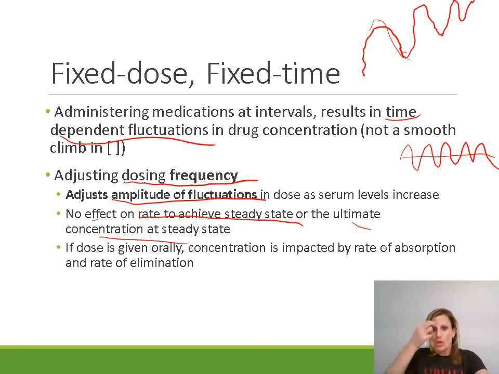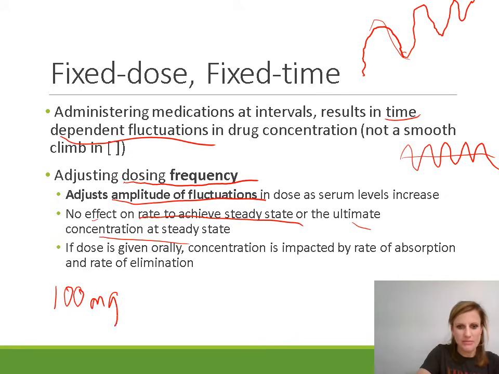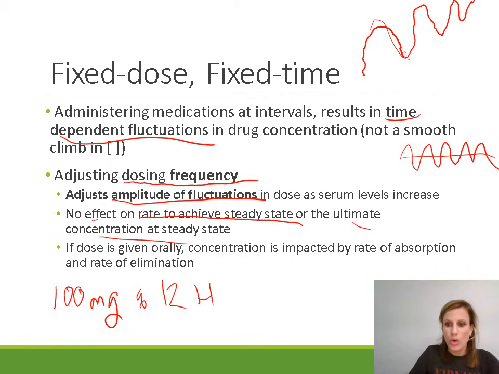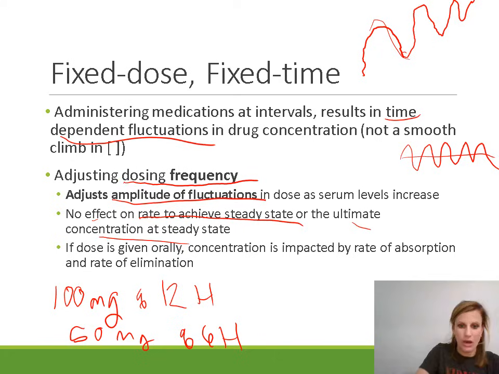So what I mean by that is like if I give 100 milligrams every 12 hours, or if I give 50 milligrams every 6 hours, they have the same drug. These are going to reach steady state at the same time, right? The steady state concentration is going to be the same.